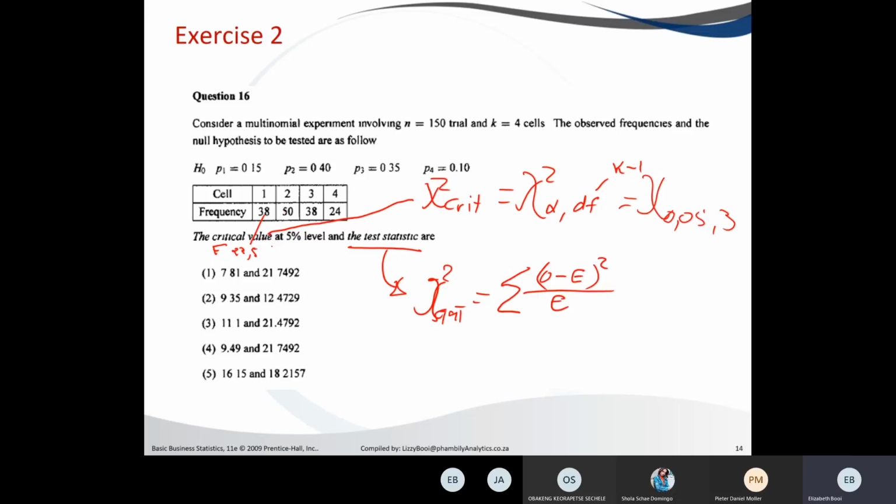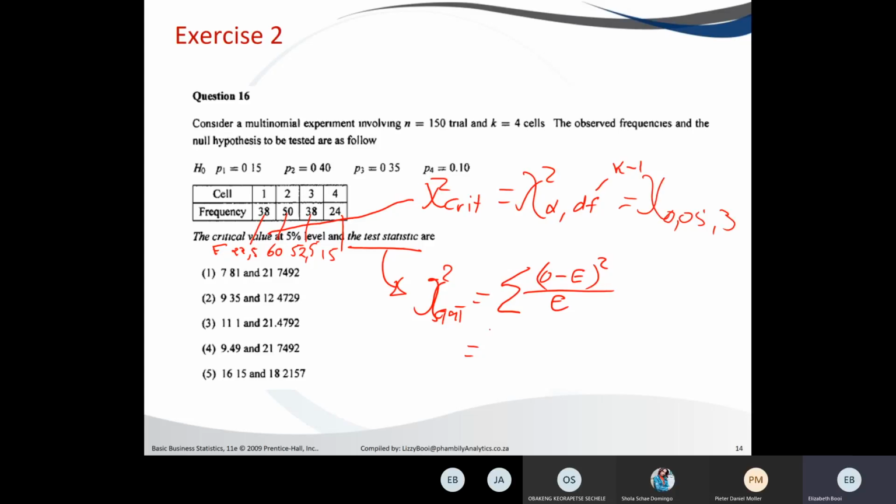And for 50, the expected value for this will be 60, which is 0.4 multiplied by 150. And the expected value for 38 will give you 52.5. And the expected value for 24 will give you 15. So when you have your expected values, then you can come and substitute into the formula.